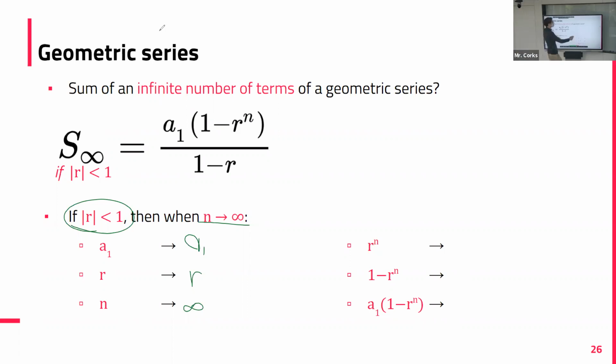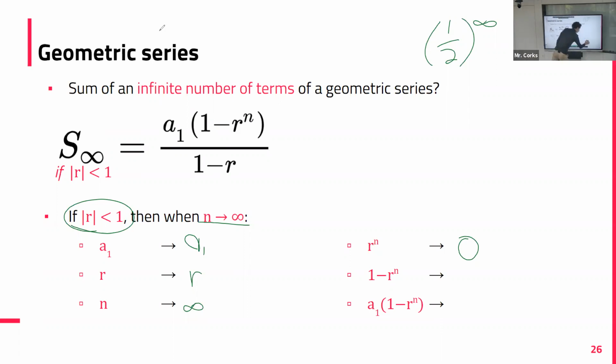So a fraction, let's say just 1 over 2 to some really huge exponent. What will that be close to? 0. So this, our R to the exponent n will get closer and closer to 0. So this is what you guys are trying to answer. 1 minus that thing will be what? Approaching what?